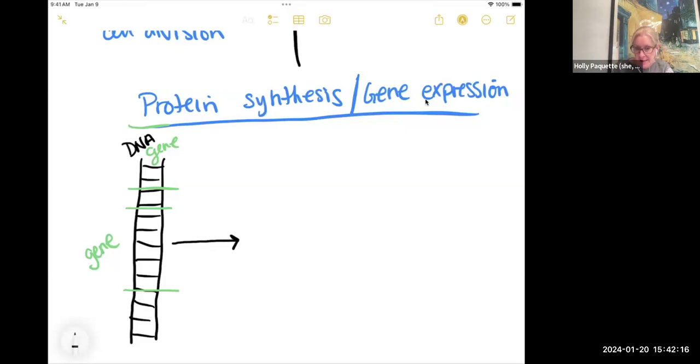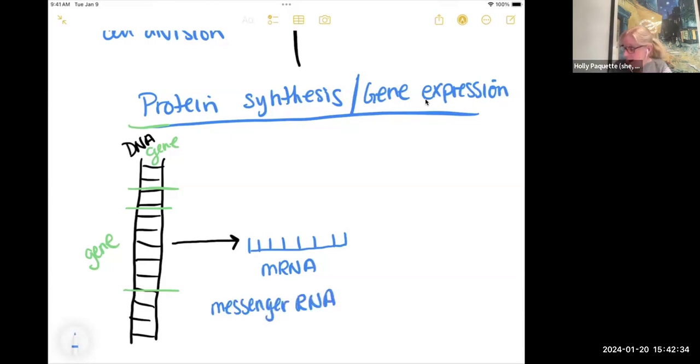So remember the A's, T's, C's, and G's? It will copy that and make a single strand that's complementary to it, called mRNA. And mRNA stands for messenger RNA. So this RNA basically has the information, or the recipe, from the gene to make one protein.